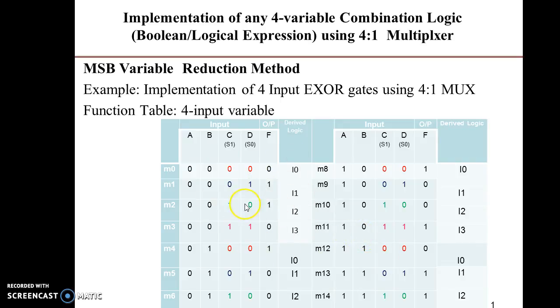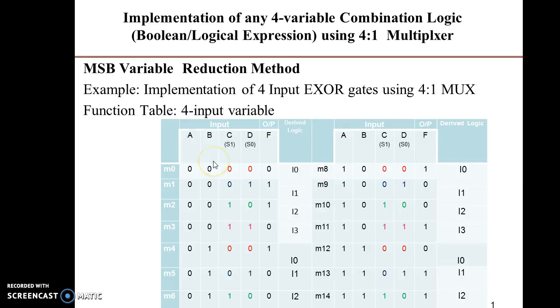So here I am going to introduce this MSB 2-variable reduction method, which means I am going to find the logic corresponding to the I0, I1, I2 and I3 data input pins of the 4:1 multiplexer, in other words, the data input pin logic with respect to the A and B variables, which are the most significant bits.